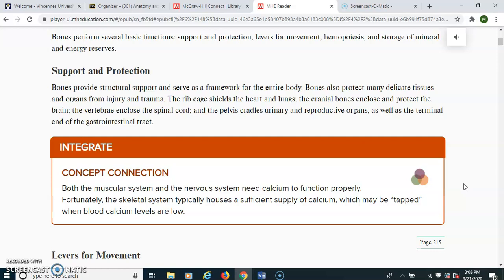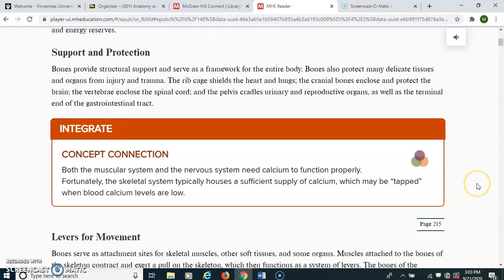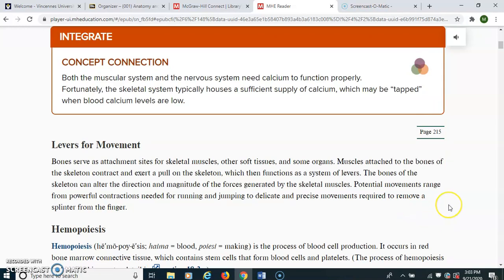Our cranial bones and facial bones, the ones we learned in Lab 4, are all there to protect our brain. Our vertebral bones are protecting our spinal cord. So all our vital organs have some bony protection, which is good.